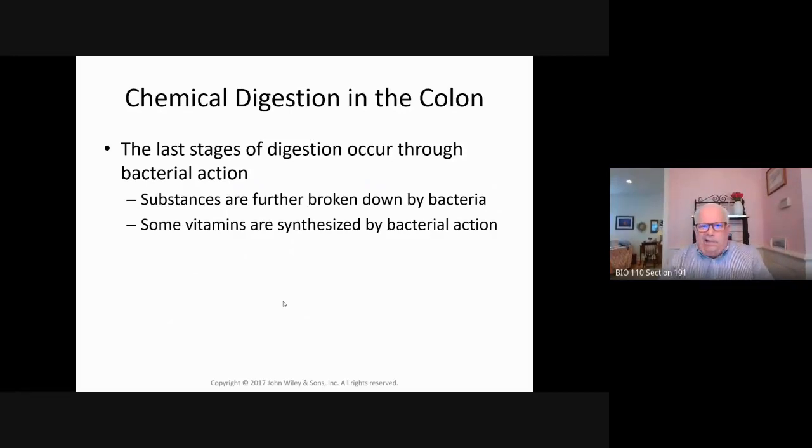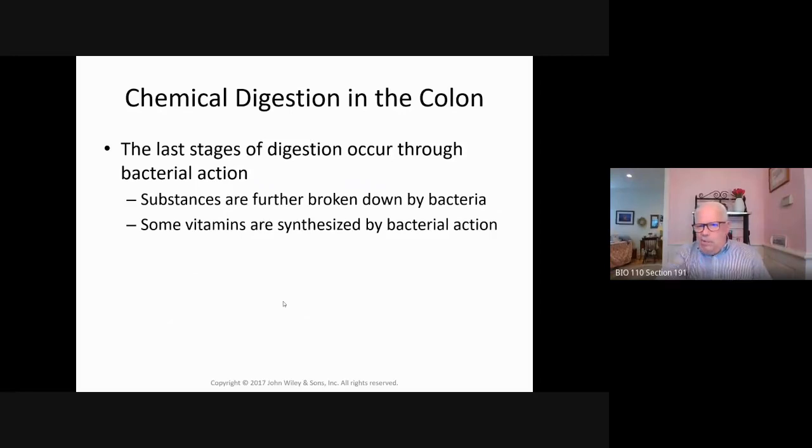The last stages of digestion occur through bacterial action. Substances are broken down by bacteria. It also adds a smell to your feces, and some vitamins are made by bacterial action in your colon.